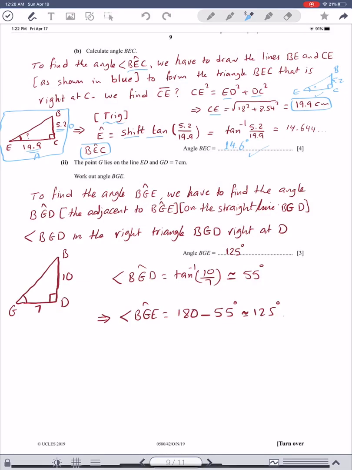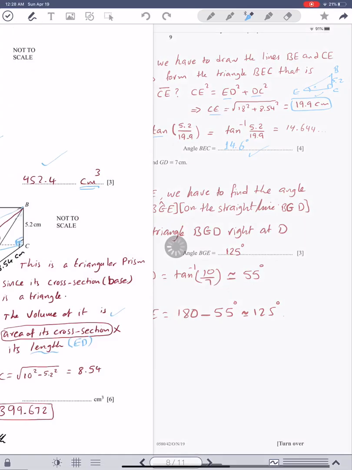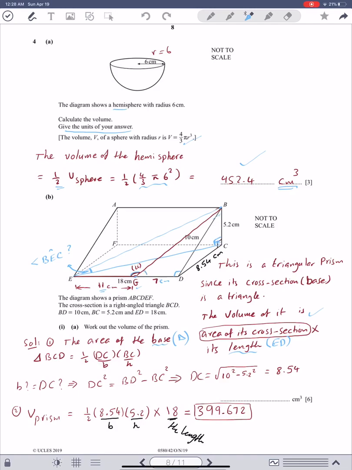So to find the angle BGE, we have to find the angle BGD first, which is supplementary to it, the angles on a straight line. Look at it. This angle and this angle form a straight line. So if you find this, then you can find the angle that he wants. Why is it easy to find this angle, dear students?